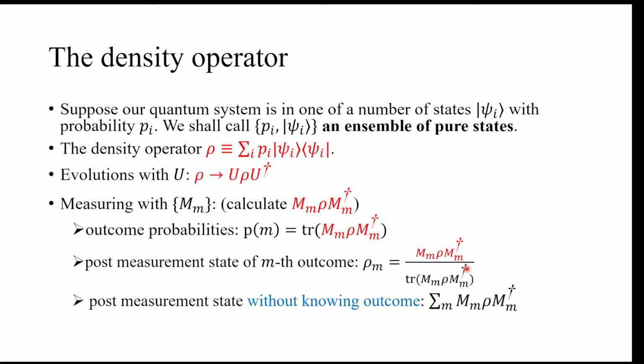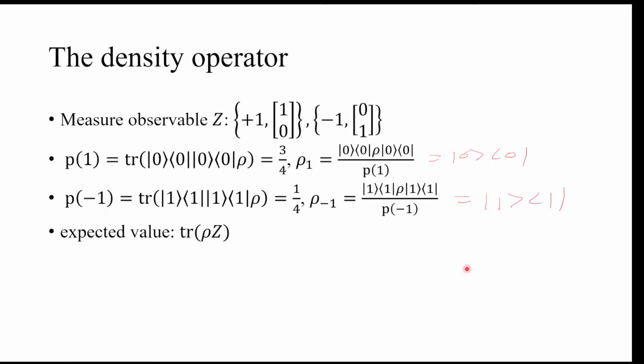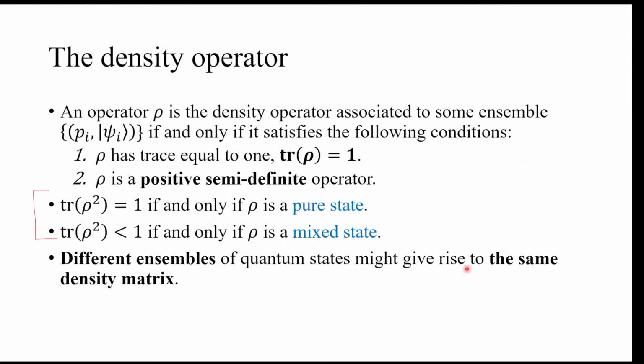Okay, and let's give a calculation example because we are short on time. Okay, so we can have an example measurement and density operator. The very general definition is just any square matrix with trace 1 that is PSD. And if you have those, you can always find some ensemble corresponding to the density operator.